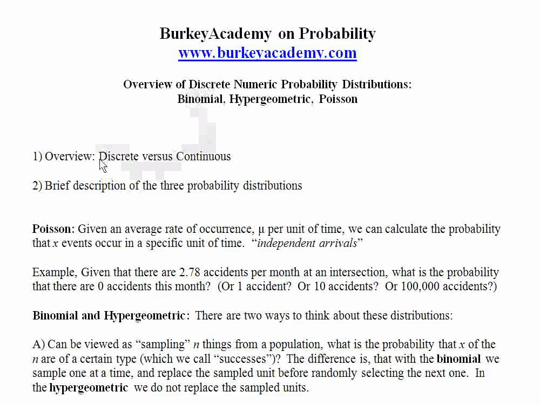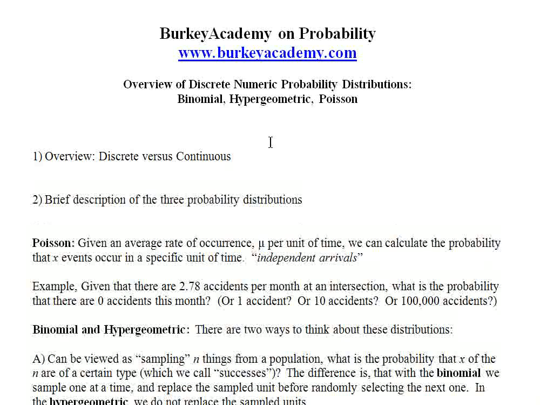Later we're going to cover continuous distributions. The best example I have to give you an idea of the difference between discrete and continuous is the difference between your shoe size and the length of your foot. Your shoe size is discrete. In the United States, a very small shoe size might be a 4, and the next shoe size would be a 4.5, and then a 5, and then 5.5, and then 6, and then 6.5.